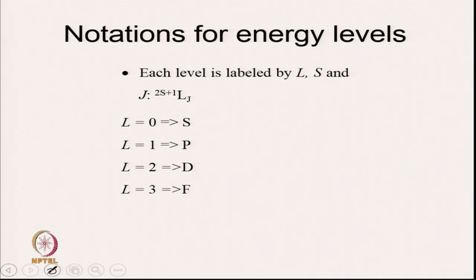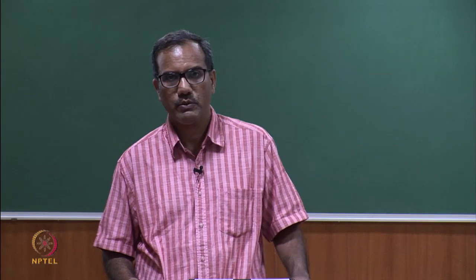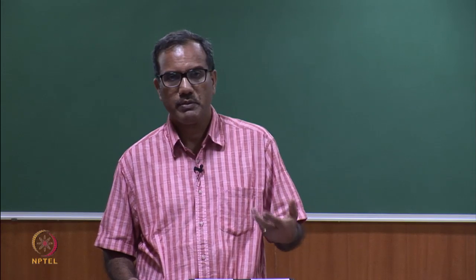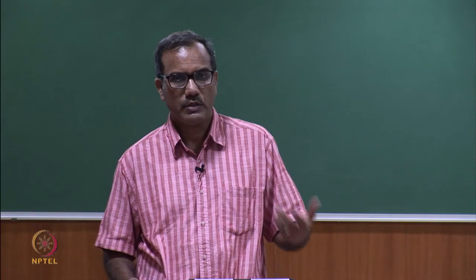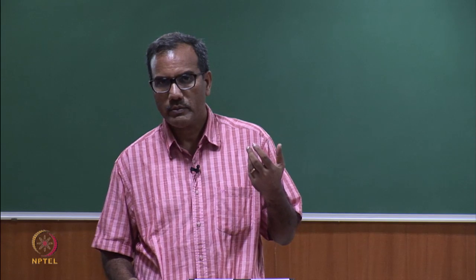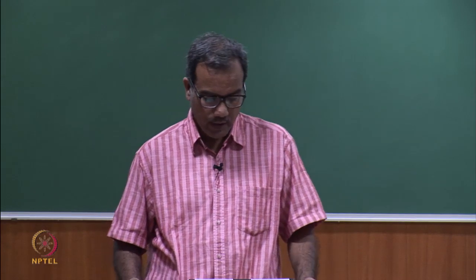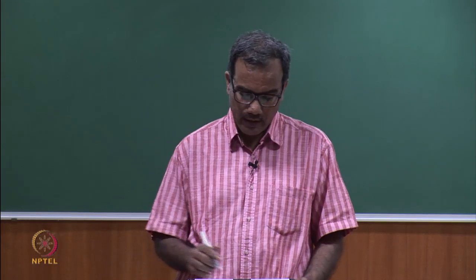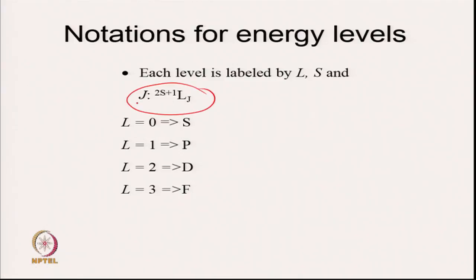Now, how to denote these energy levels? We saw that if an electron is in the 2p level, then the energy level will be split into 2. The question is how to label it. The rule we follow for labeling is 2S plus 1 L j.